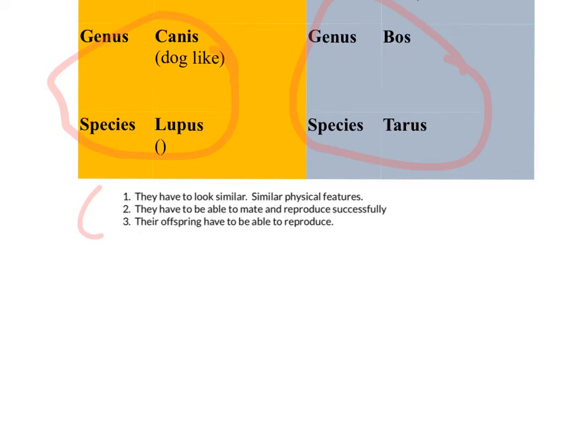And the baby between a horse and a donkey is called a mule. It's a blend of the two. So they pass the second step. But if you take mules and try to use them to make additional mules, it doesn't work. Mules are sterile. They're not going to reproduce. So if you want to make more mules, you got to breed more horses with more donkeys. So they failed the third test, and therefore a horse and a donkey are definitely not in the same species. So that's how that works.